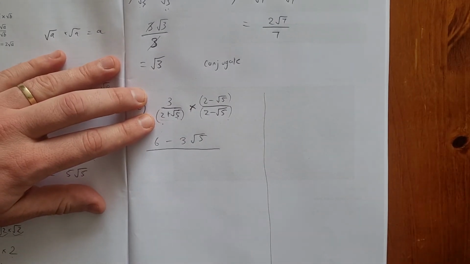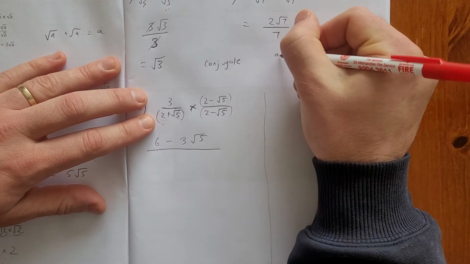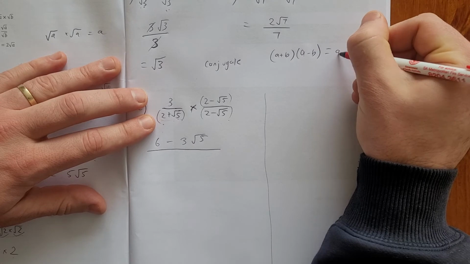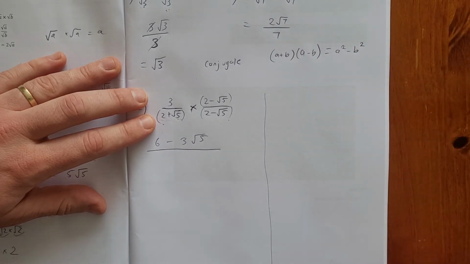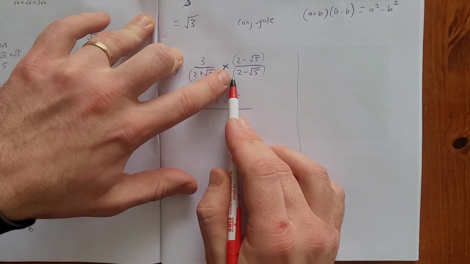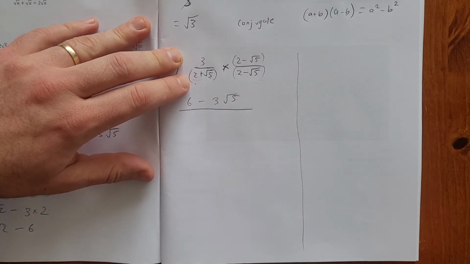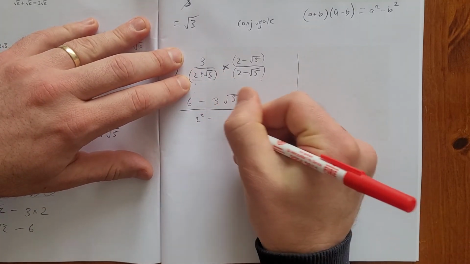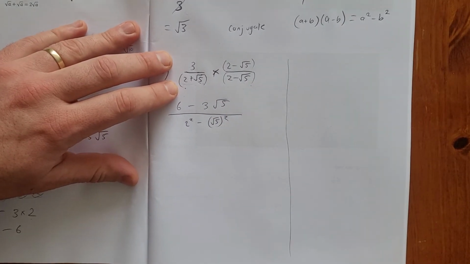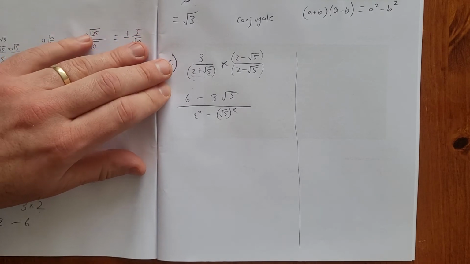The reason we've set this up is because you should remember, if we have a plus b times a take b, that simplifies to a squared take b squared. Okay, so at the bottom here, we've got 2 plus root 5 times 2 take root 5. So it's going to simplify to 2 squared take root 5 squared. All right, because it is a difference of 2 squares expansion.